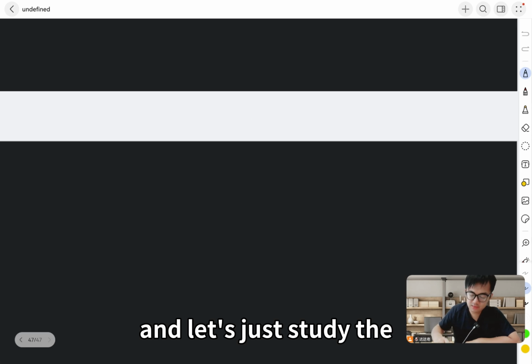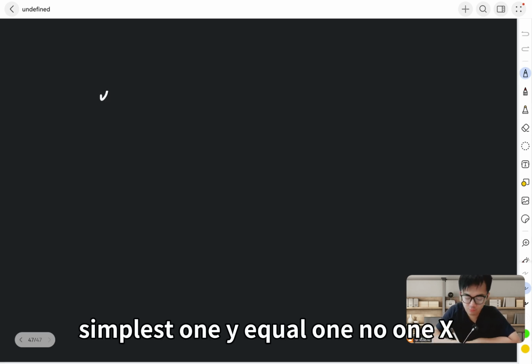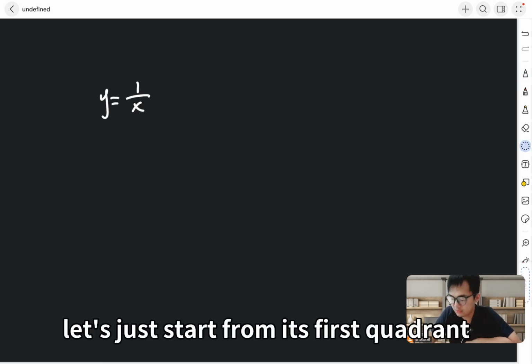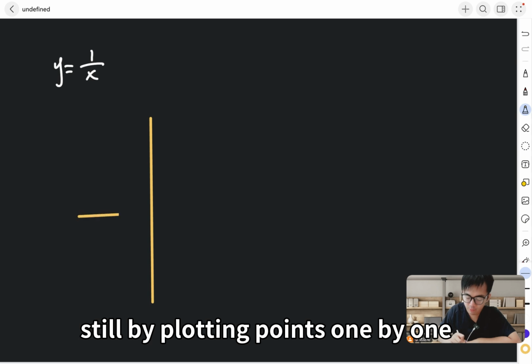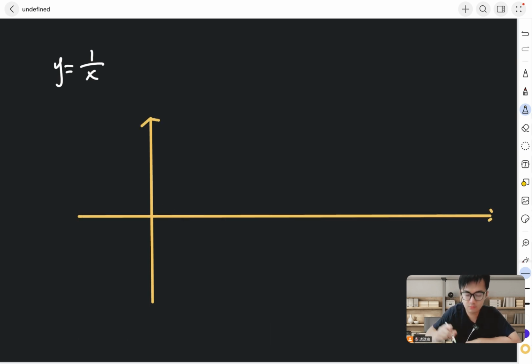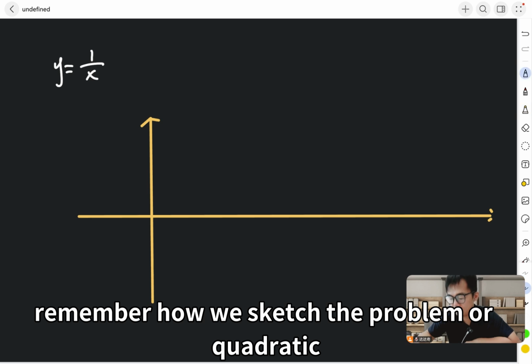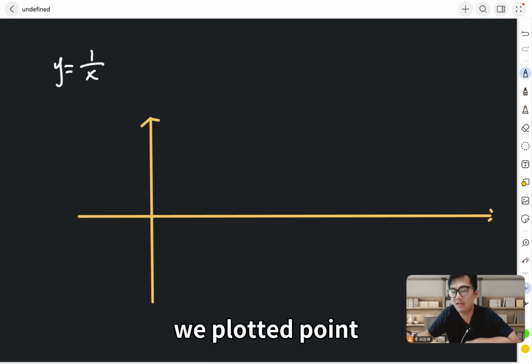Let's just study the simplest one, y equals 1 over x. How do we sketch its graph? Let's start from its first quadrant, still by plotting points one by one. The method is quite straightforward. Remember how we sketched the parabola, the quadratic? We plotted points.